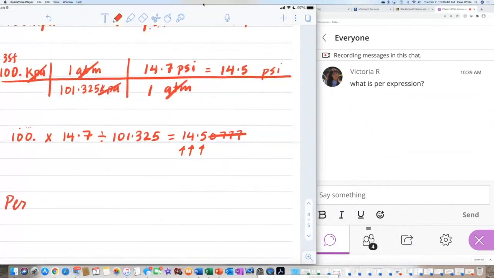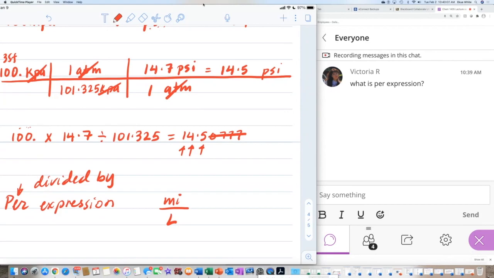So in your vocabulary, a per expression. Per in math means divided by. So it's kind of like miles per liter, something like that.